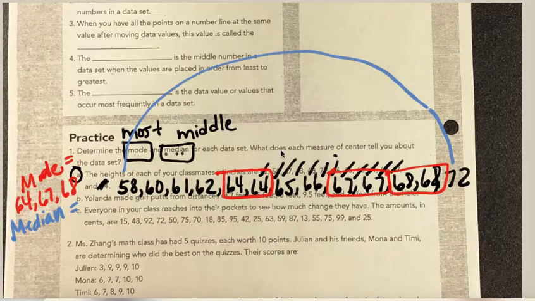So I'm just going to cross them out from front and back. One front, one back, one front, one back, front, back, front, back, front, back, front, and back. And I'm lucky because I only have one middle number, so it would be 65.